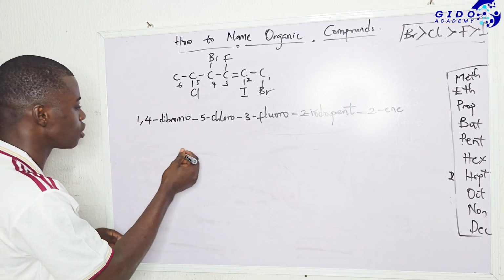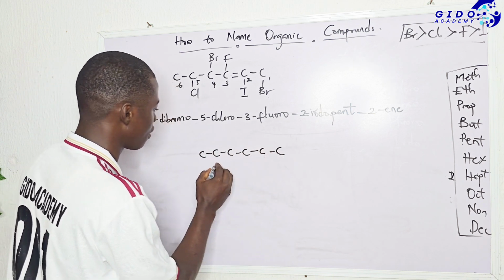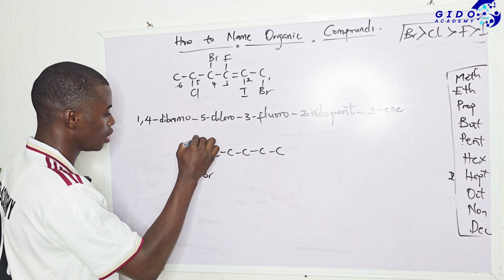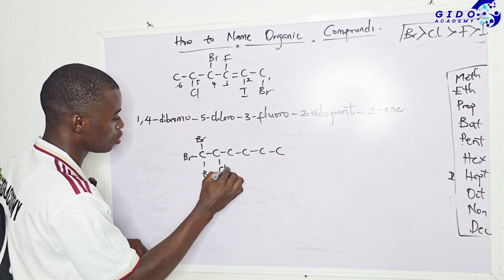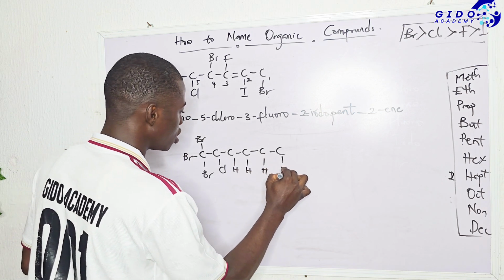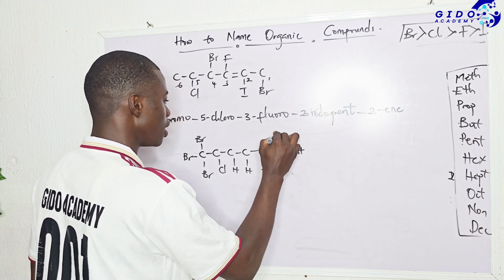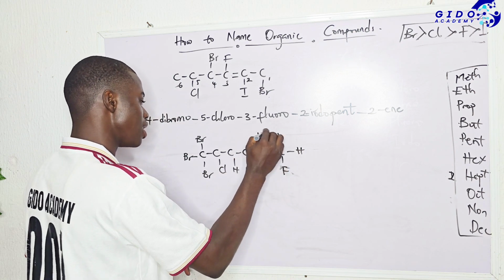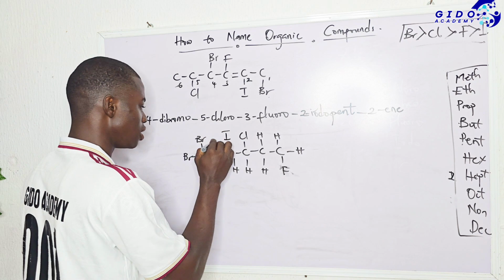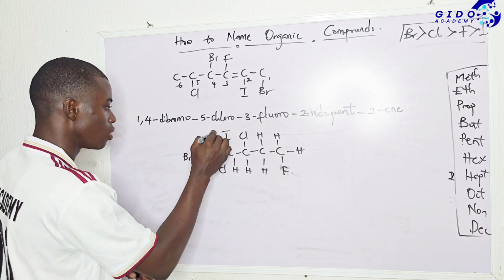So what if you have something like carbon, carbon? Let's say here is bromine, here is bromine, here is bromine, here is chlorine, here is hydrogen, here is hydrogen, here is hydrogen, here is fluorine, here is hydrogen, here is hydrogen, here is hydrogen, here is chlorine, here is iodine, here is fluorine.